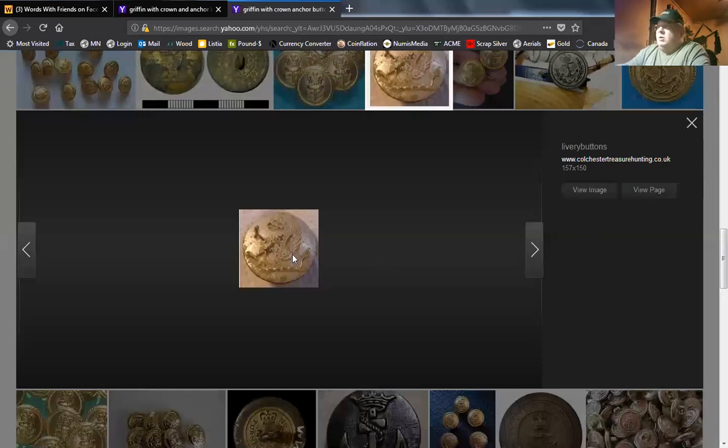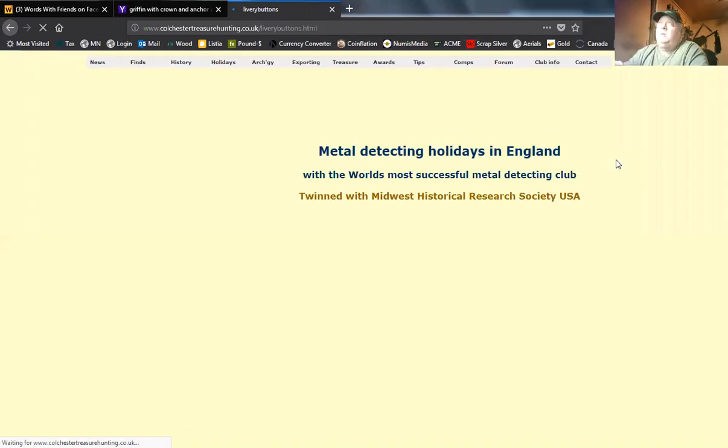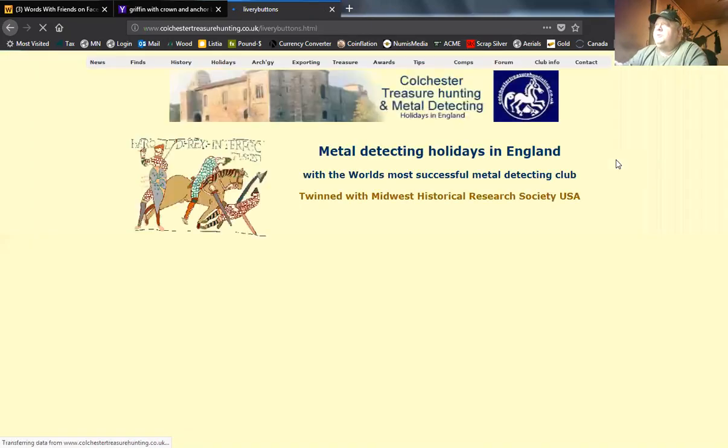Now, this doesn't tell you what that button is, but if you go to his site and if he still has that button, he might have a little information about it and where it's from.